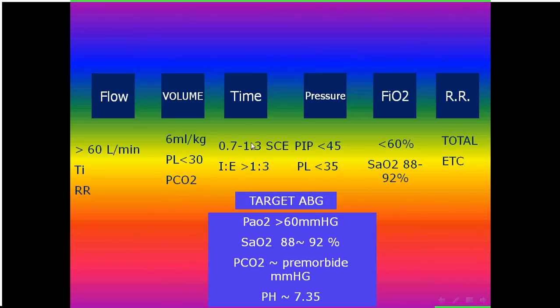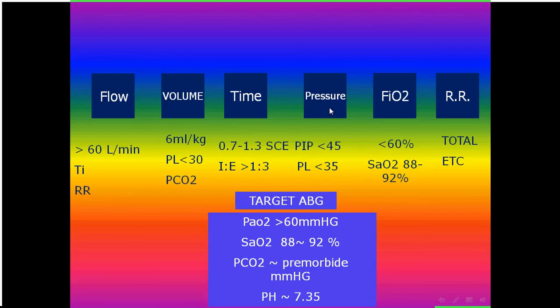The inspiratory time should be small. The expiratory time should be large in order to allow ample time for the lung to exhale, because the expected time constant of this patient is usually large, so we ventilate the patient with an I/E ratio of more than 1 to 3.